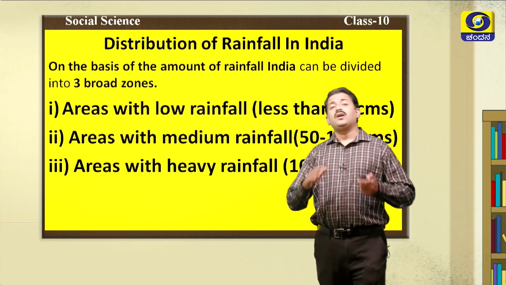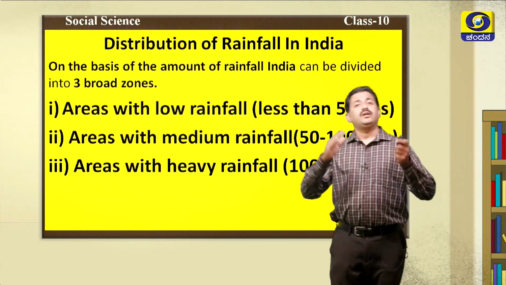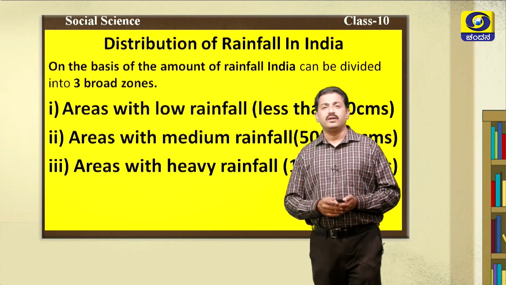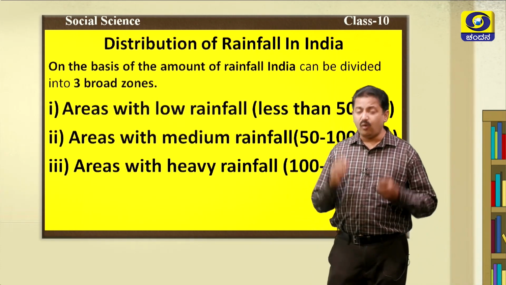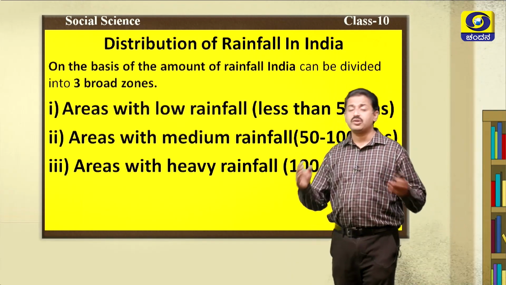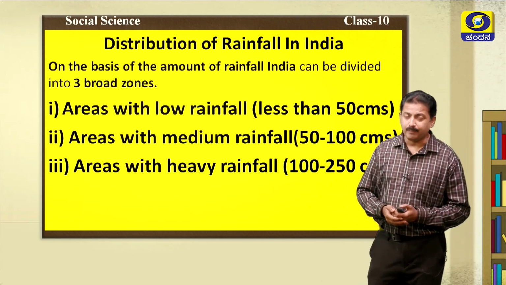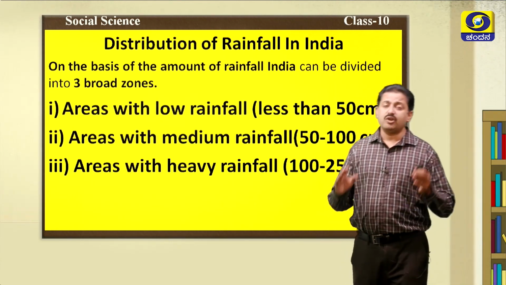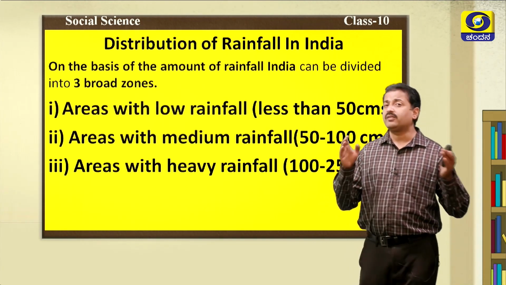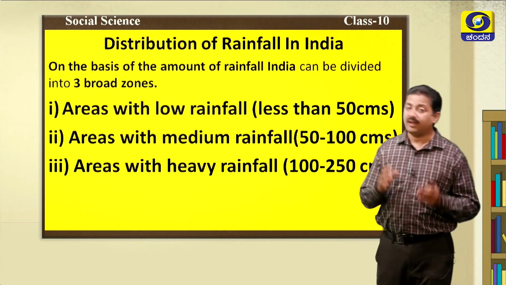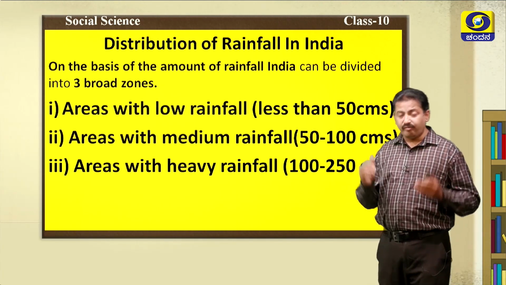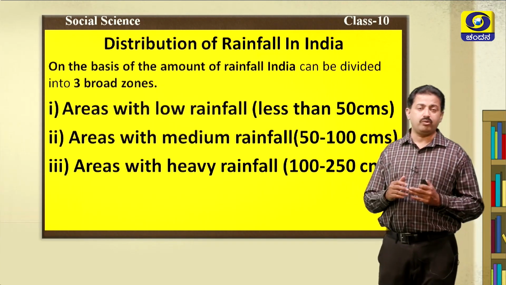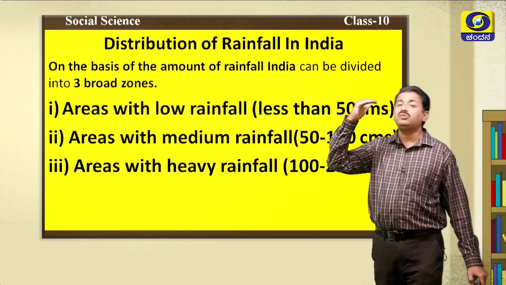Dear students, so far I have taught you the 4 different seasons. Now I teach you the distribution of rainfall in India. In India, on an average, we receive 116 centimeters of rainfall in a year. On the amount of rainfall the places receive, we have classified them into 3 zones.